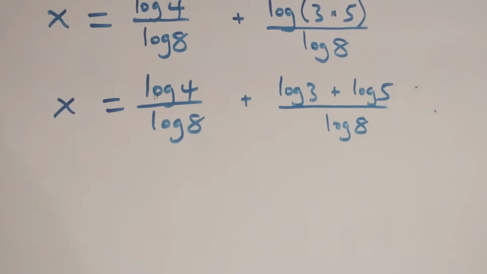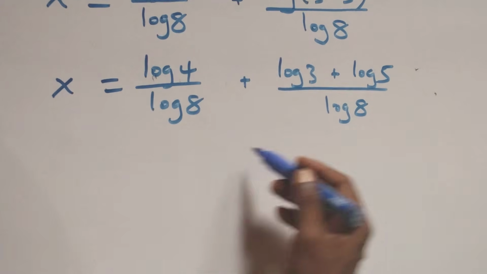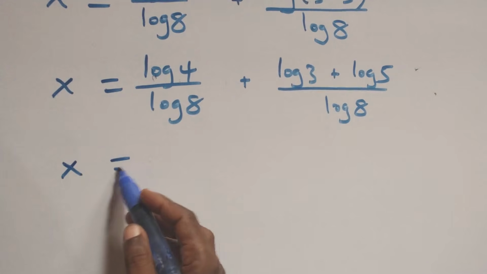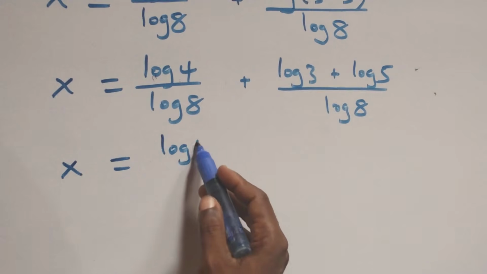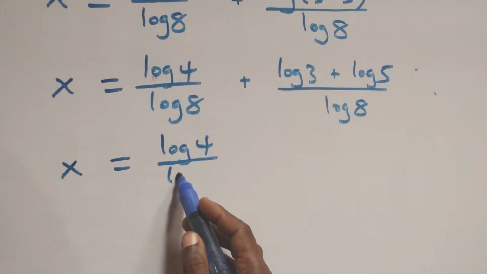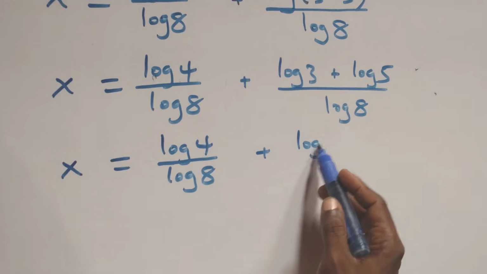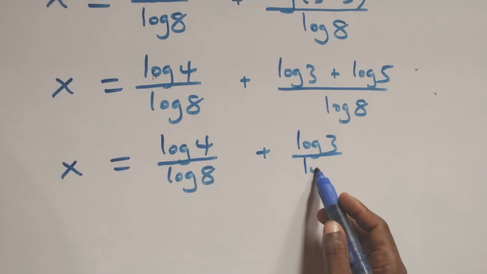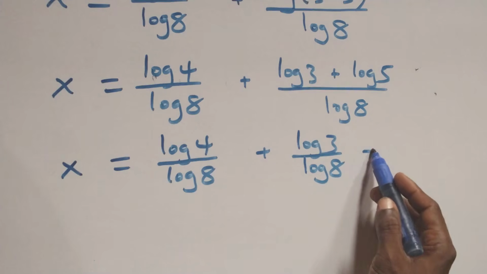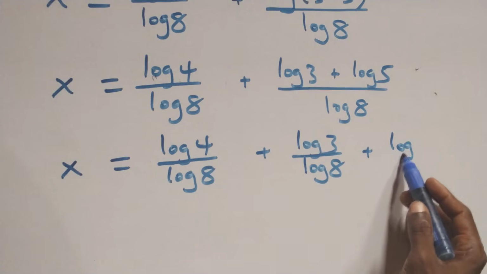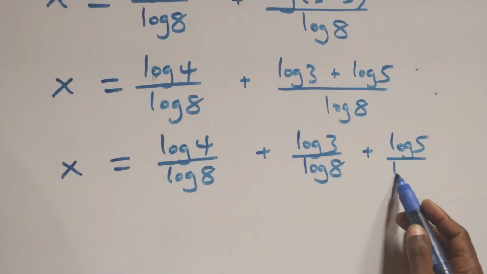The next step here, we separate this into two fractions and we have x equals log 4 over log 8 plus log 3 over log 8 plus log 5 over log 8.